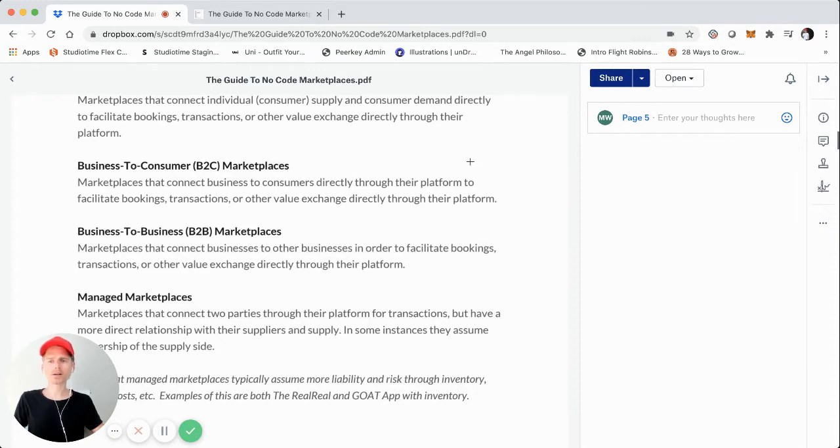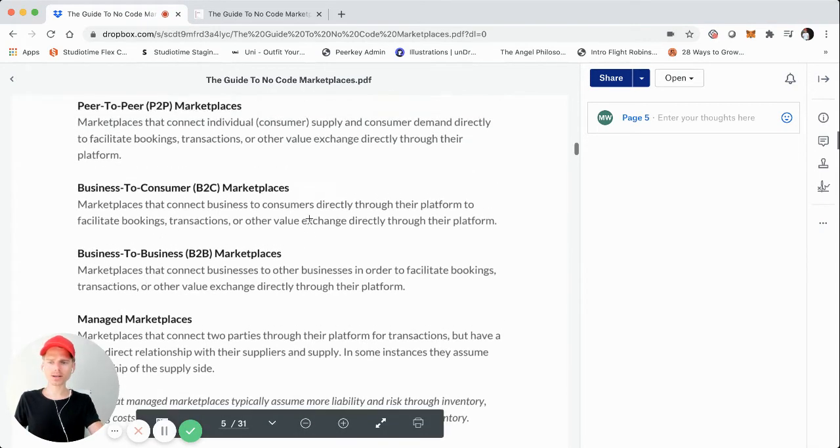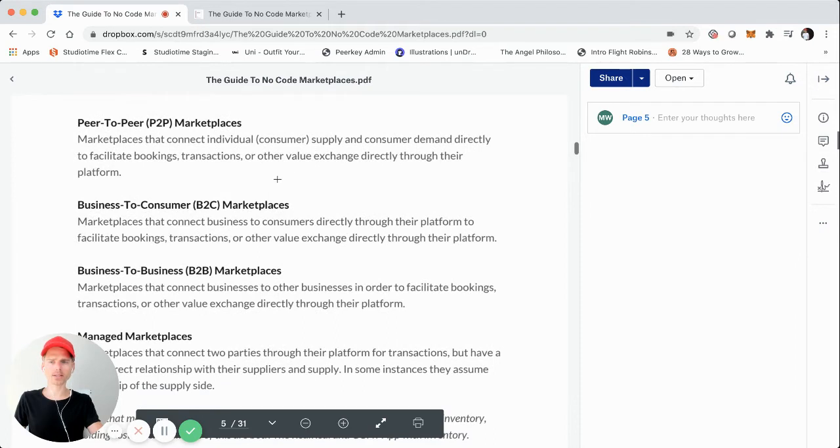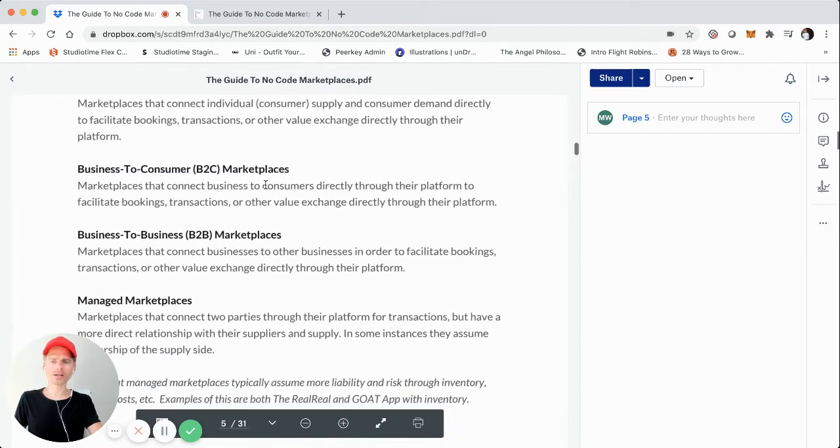They also have a business-to-consumer component, where they allow businesses to list their fleet of cars, or individuals that have graduated from, say, one car on peer-to-peer and built a business. They operate as a business and then offer their supply to consumers directly through the platform. So you can have a mix, but primarily they tend to stick to a core business model for marketplace.